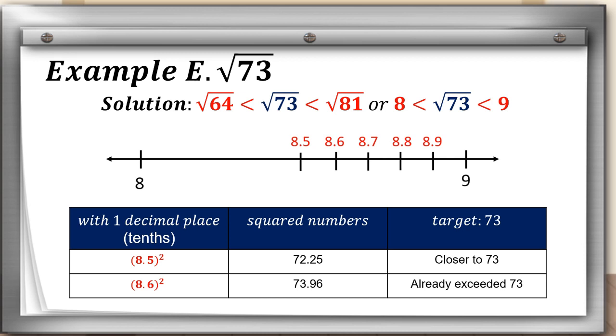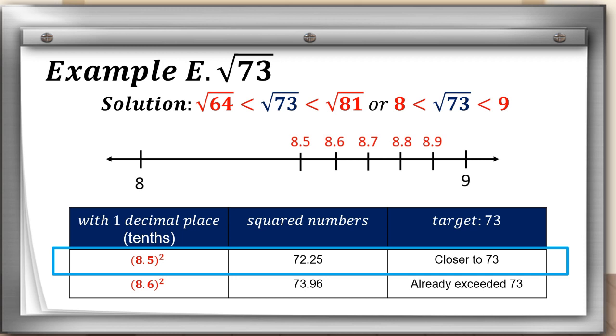Now, pipili tayo between 72.25 at 73.96. Alin ang mas malapit sa 73? Very good! Mas malapit ang 72.25 kaysa sa 73.96. So we will choose 8.5 for further estimation on hundredths place.